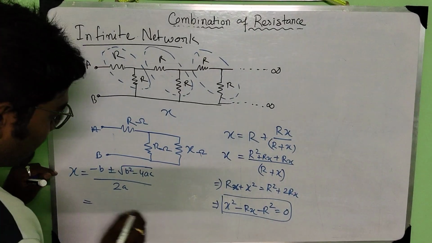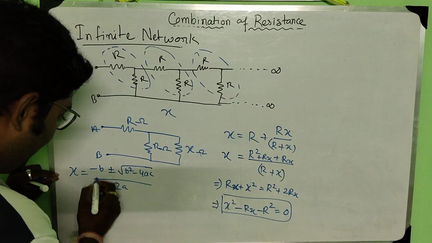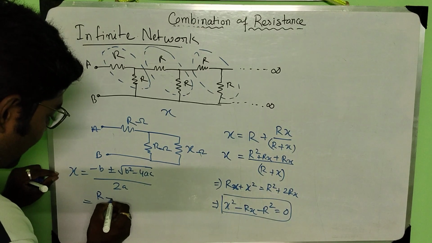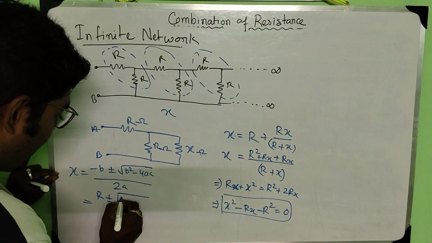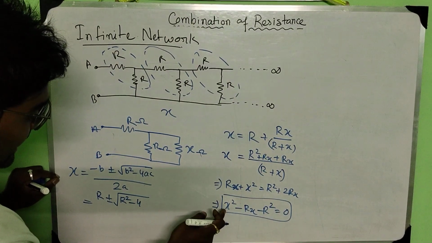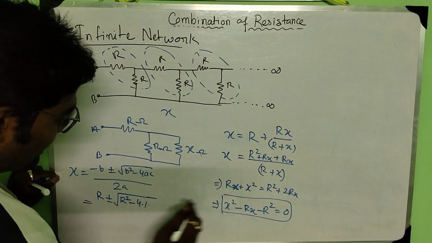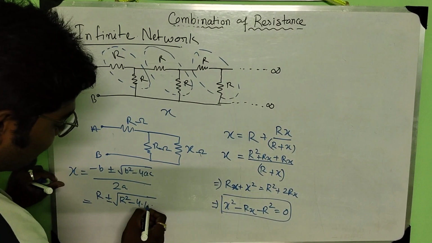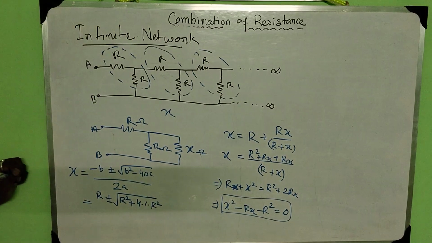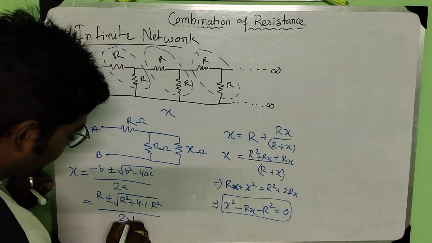Now here b is actually minus R. Minus and this minus from the formula will become plus. That means R plus minus root over b square, that is R square, minus 4, a is actually 1, c means minus R square. So minus R square and this minus from the formula becomes plus R square. 2a is 2.